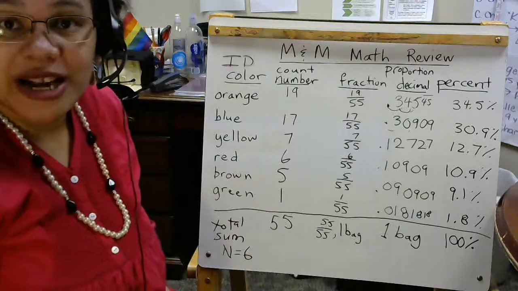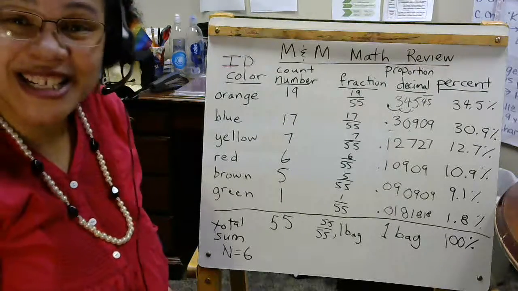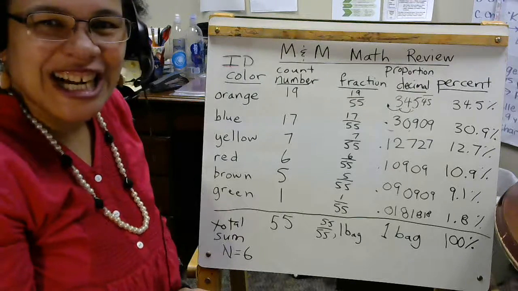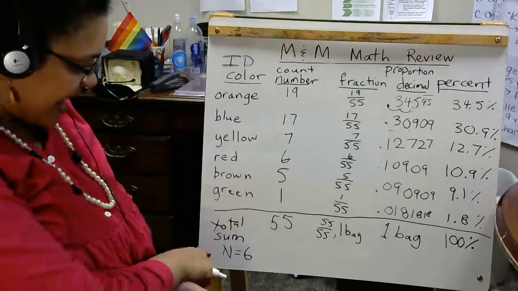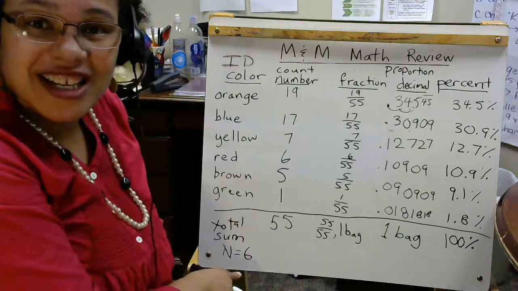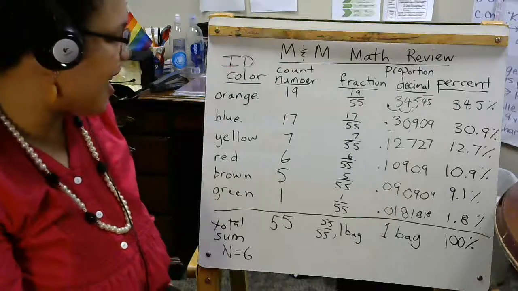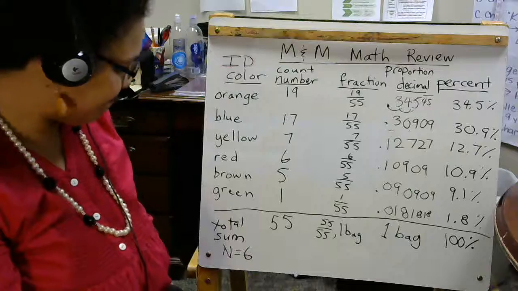The colors correspond to our participants, and we had 6 participants making our little data file here. So N, usually we use a capital N for the total number of participants in a research study. And we had 6 colors participating, so N equals 6.